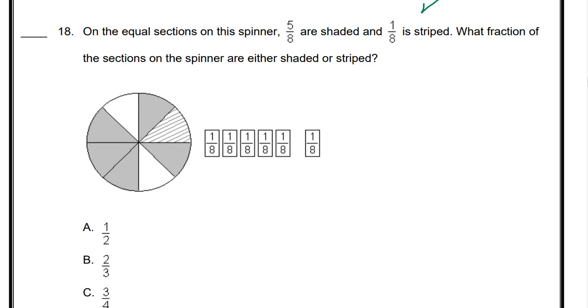On the spinner, 5 eighths are shaded and 1/8 is striped. What fraction of the sections on the spinner are either shaded or striped?